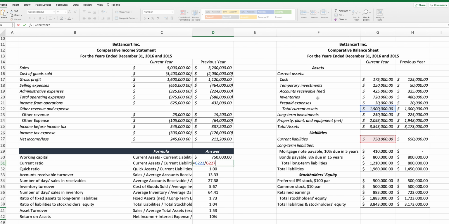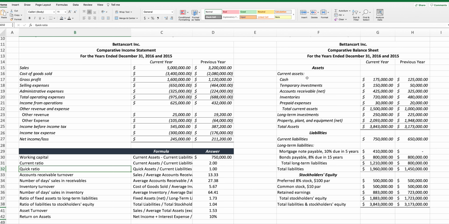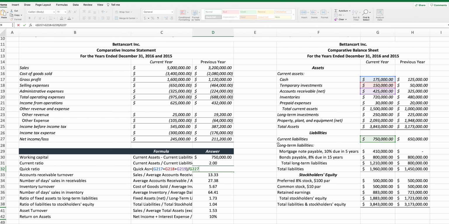If I had to quickly liquidate as many current assets as possible to pay my liabilities, would I have enough to pay them? So this one, the quick ratio, picks up my cash, my temporary investments, and that's where maybe I've got some extra cash on hand.